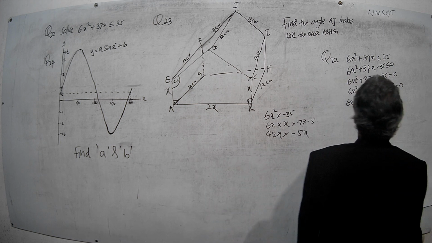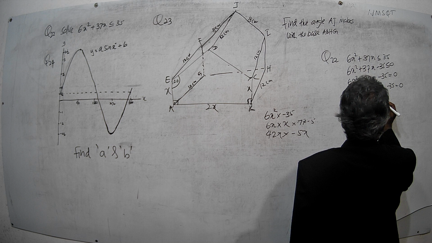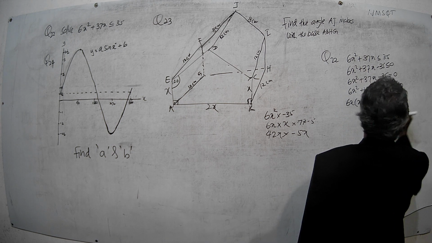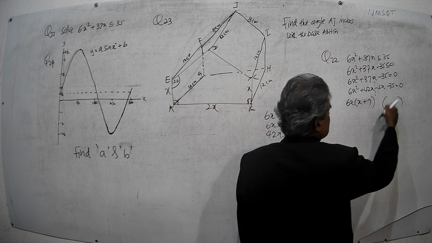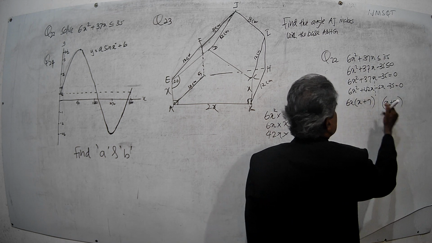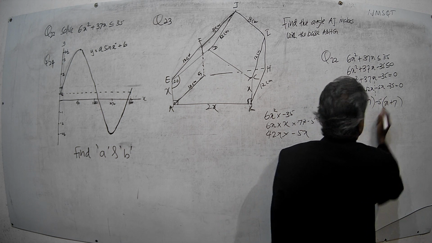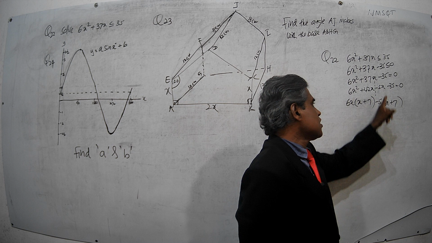Then here also the same terms must come in this pair of brackets, x plus 7. Then divide minus 35 by 7, you get minus 5. Otherwise, you take minus 5 as a common factor of this one. Here x, here 7, correct.